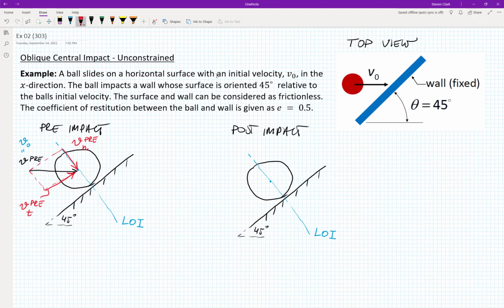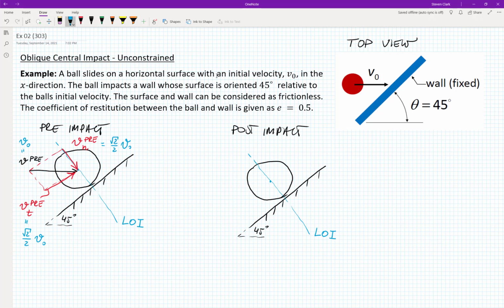Since our angle is 45 degrees, they are going to be equal to each other: square root of 2 divided by 2 V0, and square root of 2 divided by 2 V0 as well.